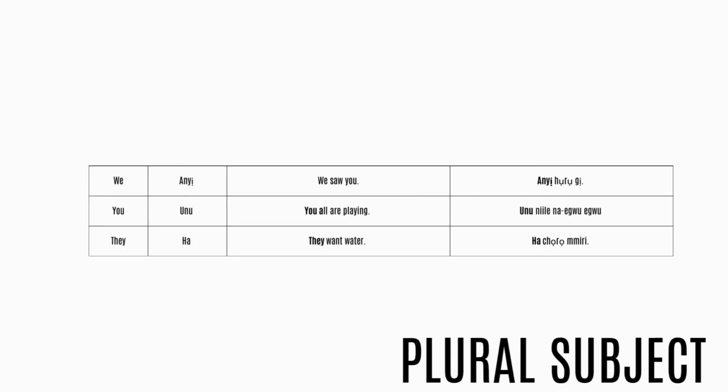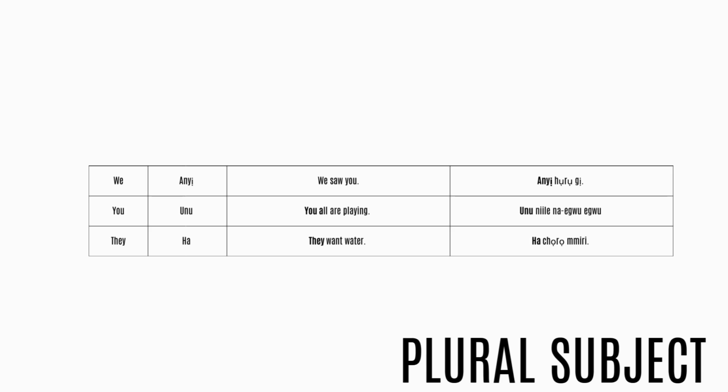Here are some of the plural subject pronouns that we have. We have we, which translates to ani. So if I were to say, we saw you, then that translates to ani hurigi. If we were saying you as in you all, or you in the formal sense, we say unu.